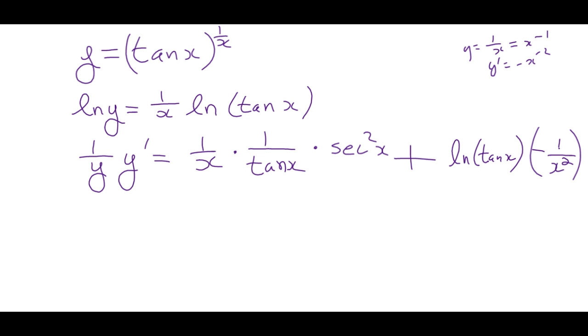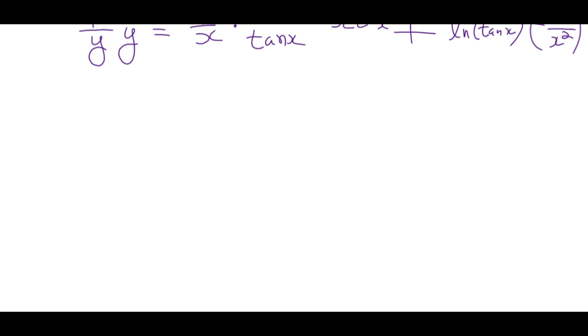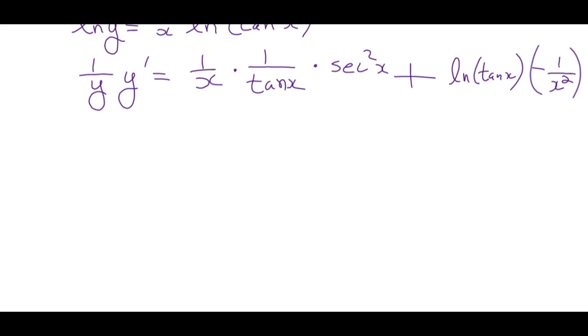Okay, so now what? So y prime is equal to y, which we know from above, which is tan x to the 1 over x. Instead of writing y prime is equal to y times something, I'm just replacing this, right? That's y. That's good.